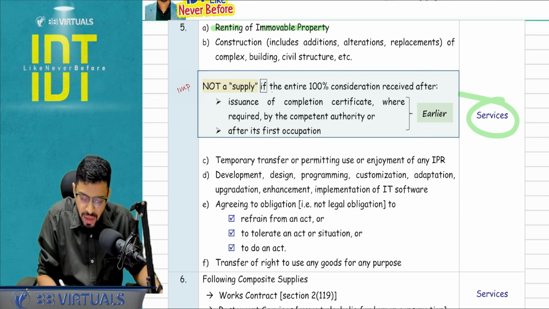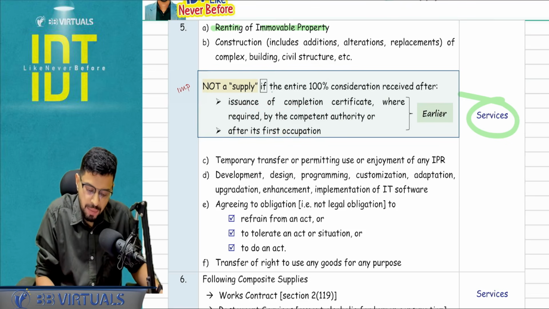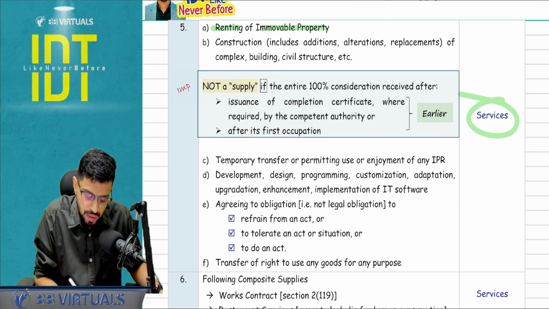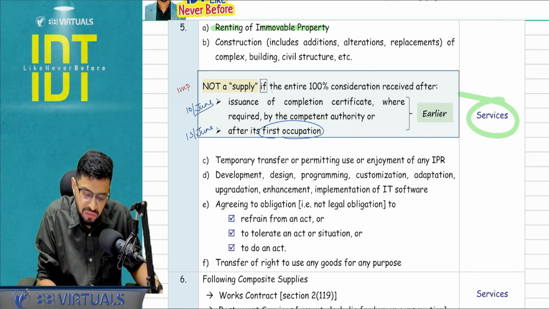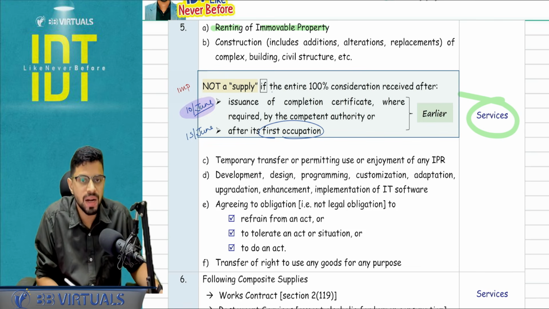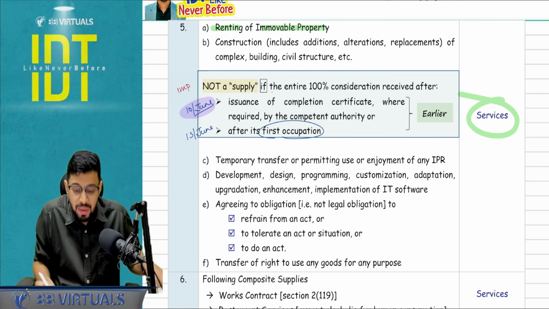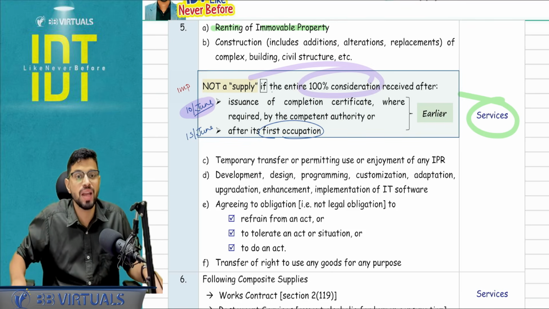So if earlier of this, let's say for example the completion certificate is being received on 10th of June, and the first occupation is after that, let's say 15th of June, and I am buying the property after 10th of June, the earlier date. And buying the property means 100% consideration should be after.